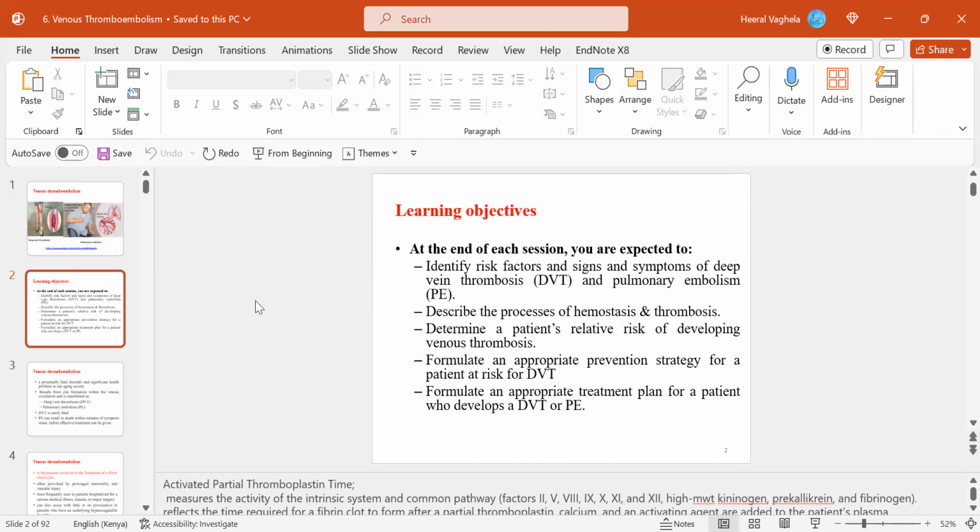Then there was stasis, when blood has stayed in one place for a while. That can also lead to clot because the platelets start to aggregate. And then the third thing was endothelial damage. So when there's damage or dysfunction to the blood vessel, that increases your risk for clots.